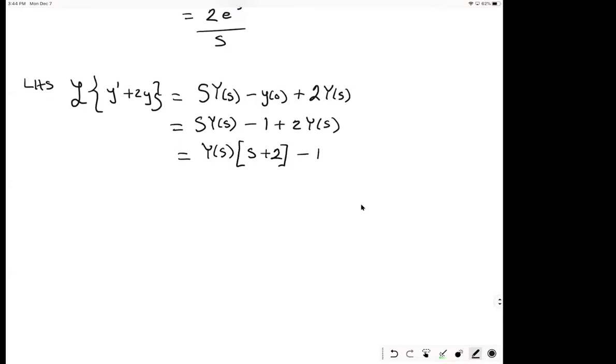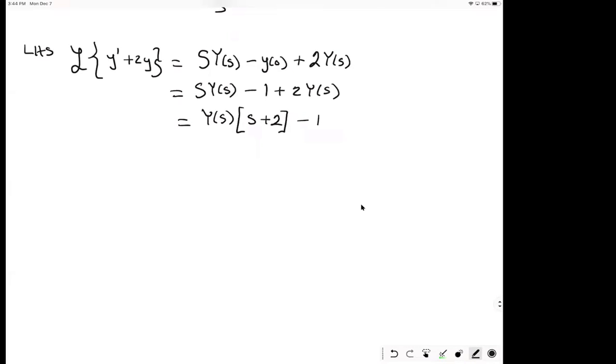I did that in two steps, the right-hand side and the left-hand side. Now if I put those together, Y of s times s plus 2 minus 1 is equal to 2 times e to the minus s divided by s.